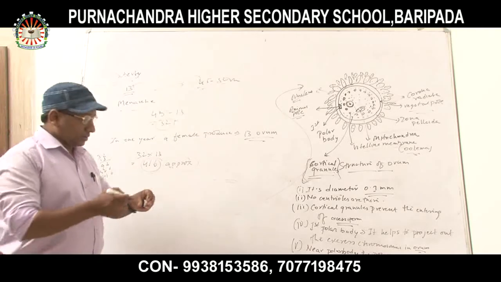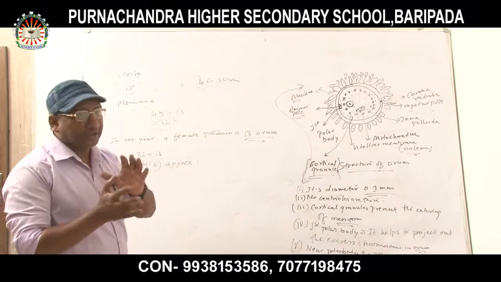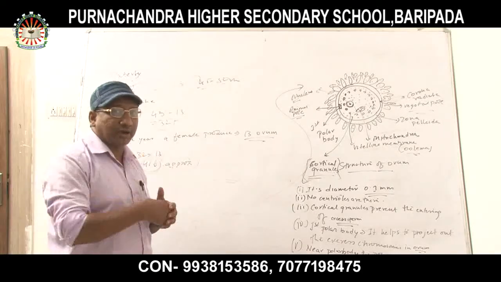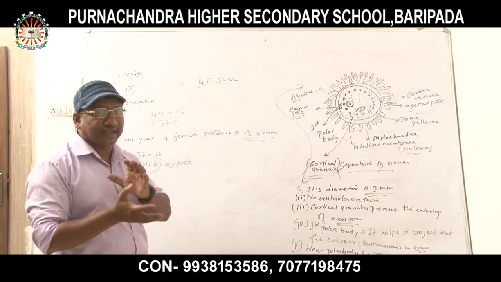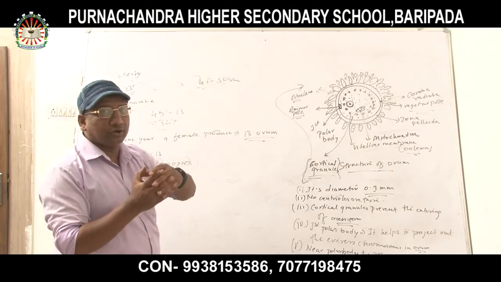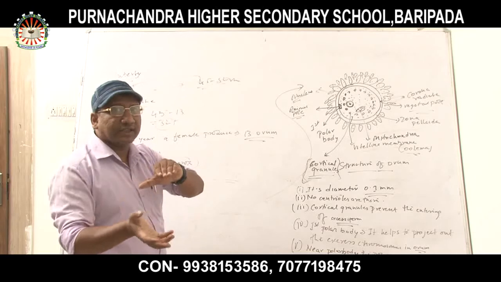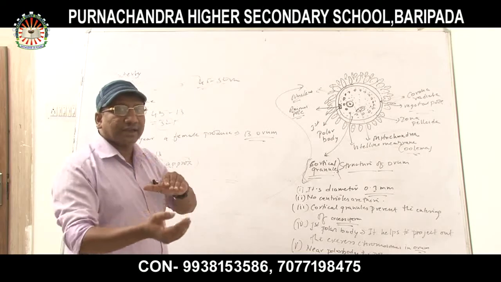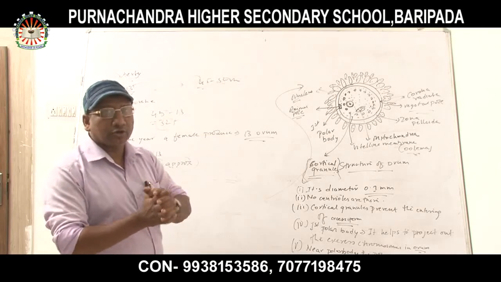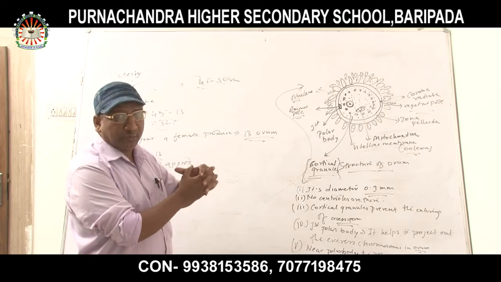Now another question: what happens to the Graafian follicle after releasing the ovum? The Graafian follicle turns yellow in color due to the luteinizing hormone, to produce the corpus luteum.